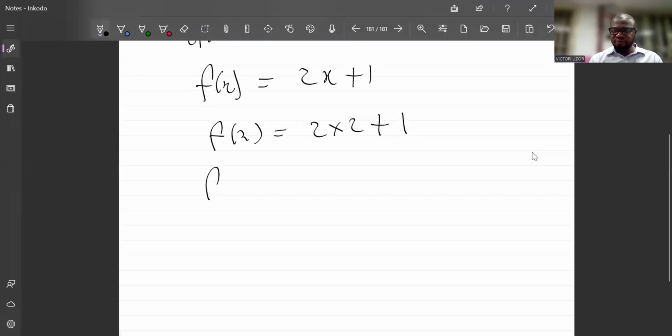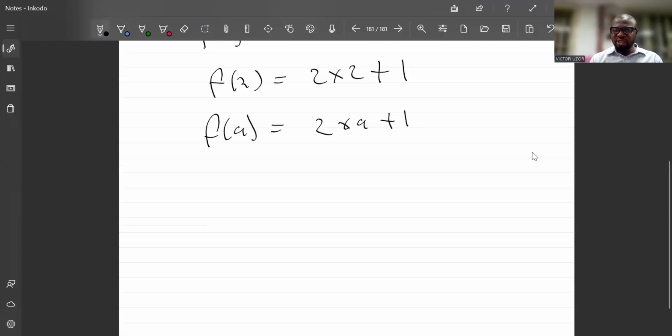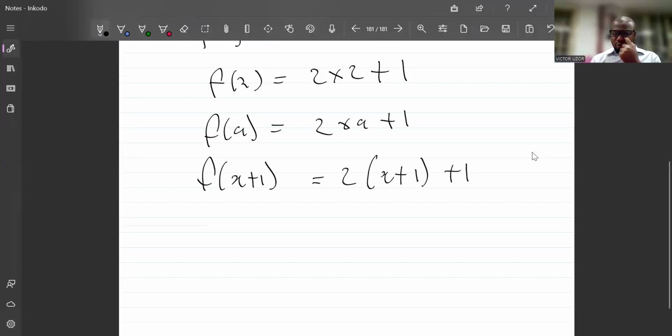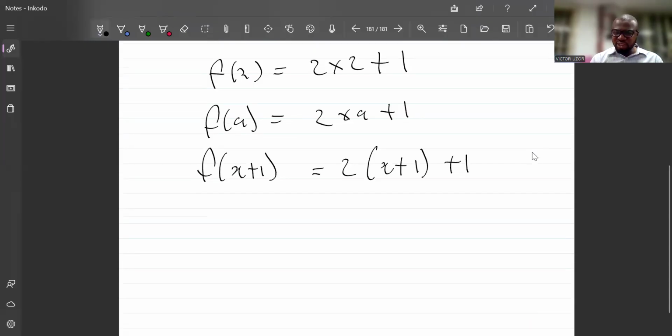And f of a will be equal to 2 times a plus 1. And that means f of x plus 1 will be equal to 2 times (x plus 1) plus 1. Meaning, whatever I have in this place, I will use it to replace whatever I have as x in the equation and be able to solve it.